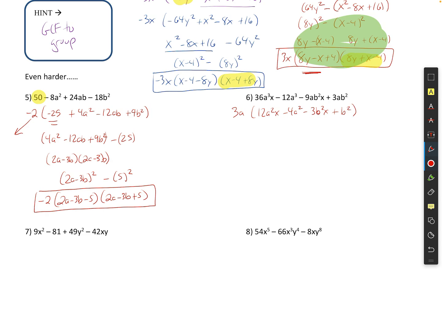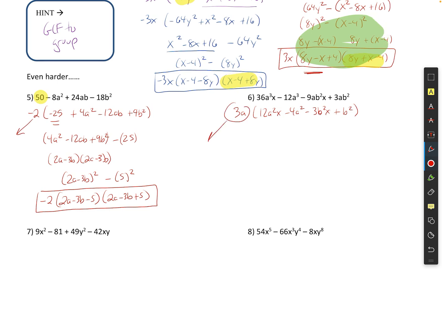All right, so looking at this, where's the perfect trinomial? Here's the kicker. It's not a perfect trinomial, right? In this situation, pull my GCF off to the side, I have it set up where I can do grouping, right? Just because it's 4 terms doesn't mean it's a difference of squares. It's a grouping problem.